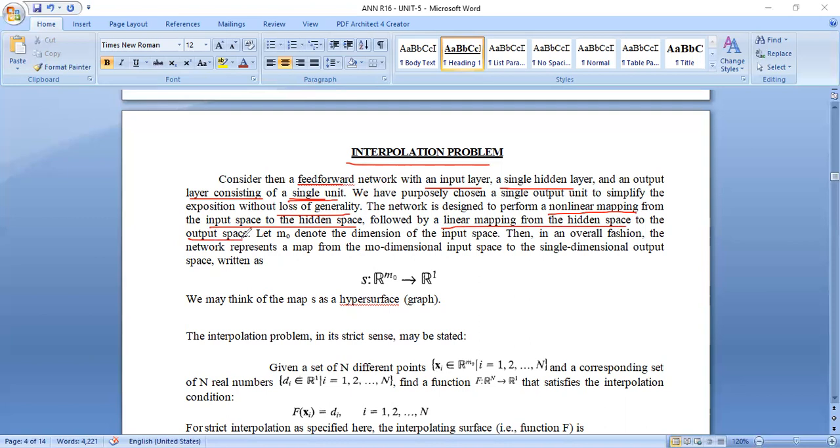So the network is chosen for the mapping between the input space and the output space. One is the non-linear mapping from the input layer to the hidden layer, and the second is the linear mapping from the hidden layer to the output layer. Here we are performing mapping between the layers of a feed-forward neural network. Clear?